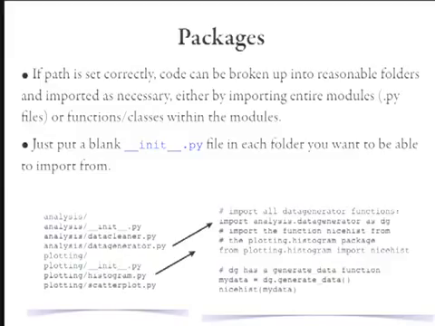And then we can call all of these different functions that we've imported with the example my data equals dg.generateData, where generate data is a function within the data generator program. And then we can do nice hist my data. So this is just a nice way to break up your code into a bunch of different packages for cleaner use.